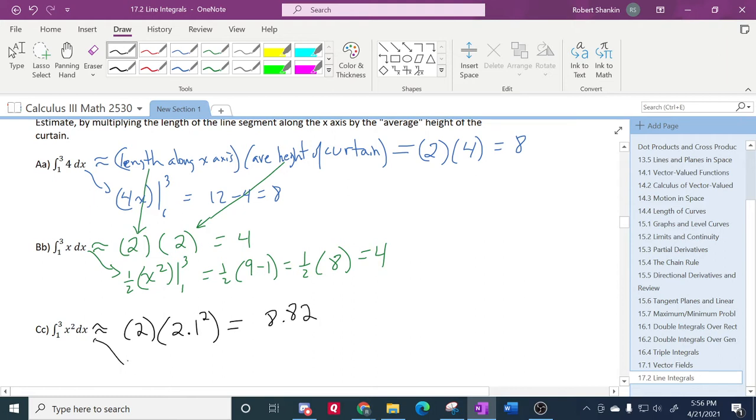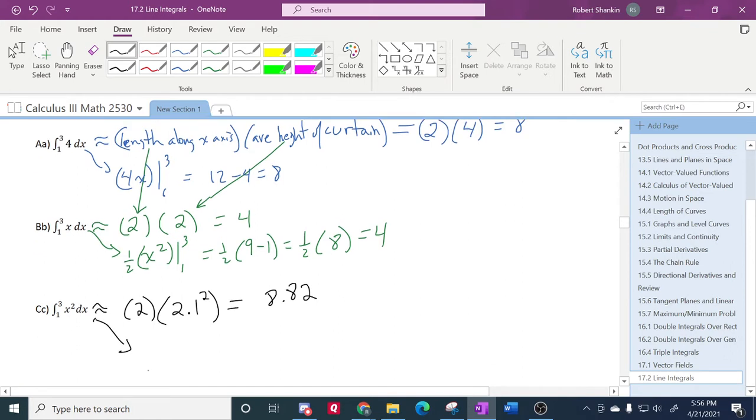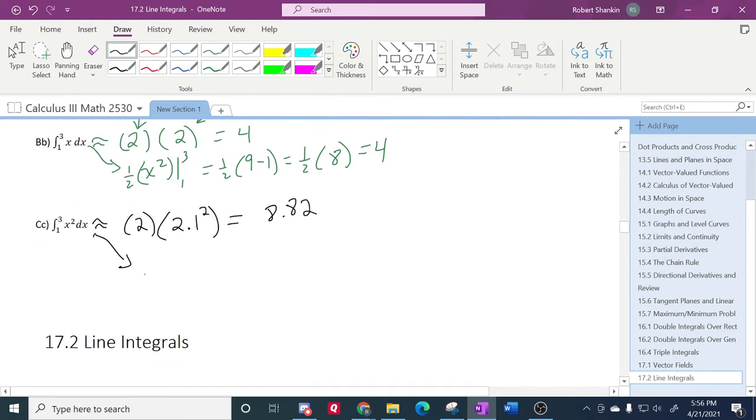And if I do this out exact, I get x cubed over 3, evaluated from 1 to 3, and then 3 cubed is 27, minus 1 cubed is 1, 26 thirds, 8 times 3 is 24, 8 and 2 thirds.